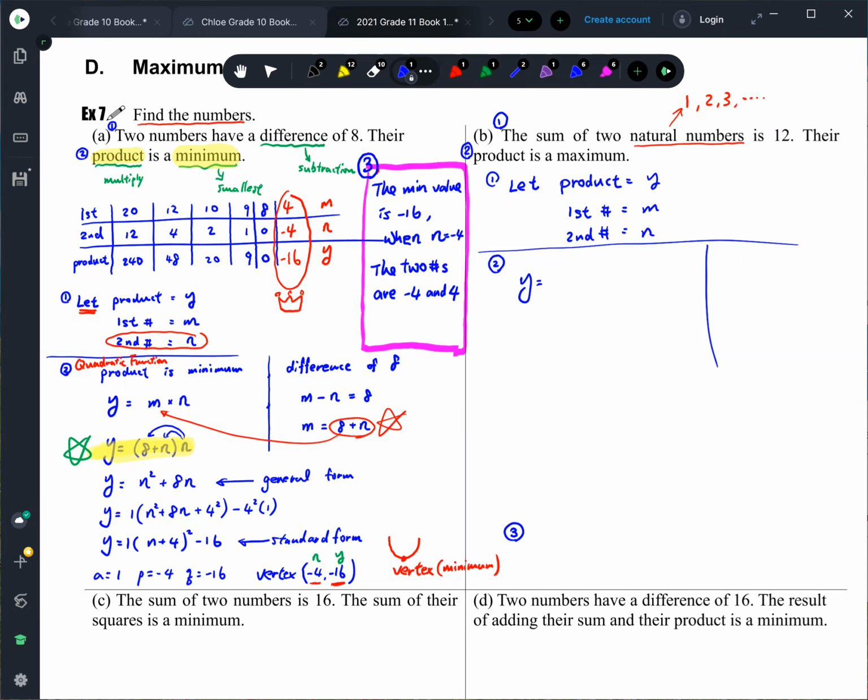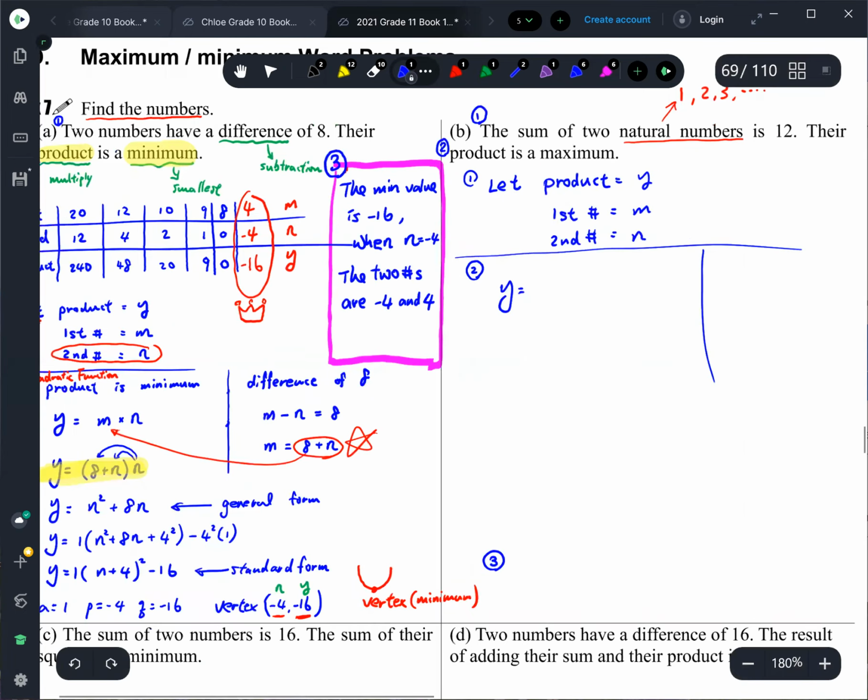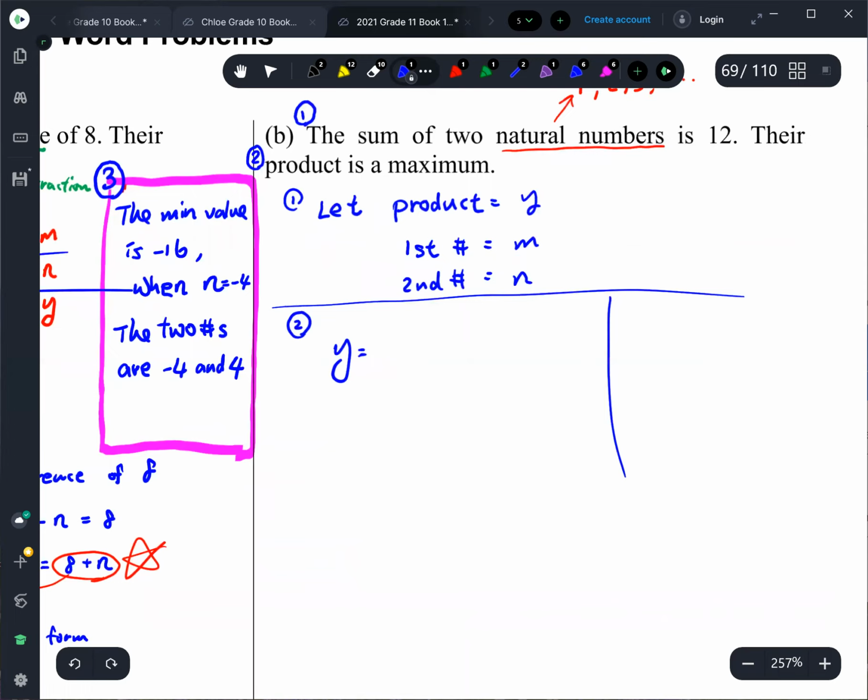We want the two numbers to add up to 12, right? So what did you use to represent the two numbers? M and N. Yeah, so you want them to add up to 12.